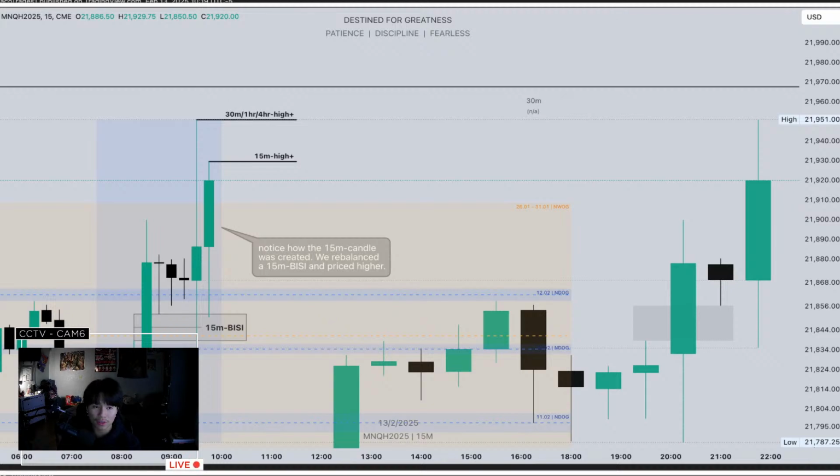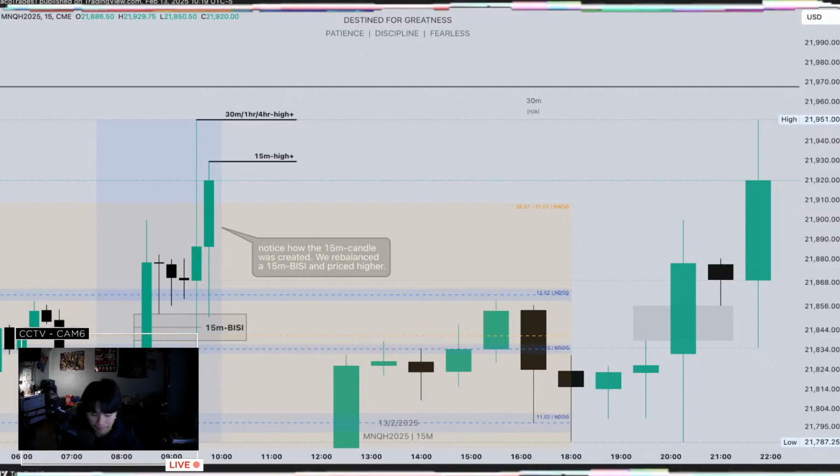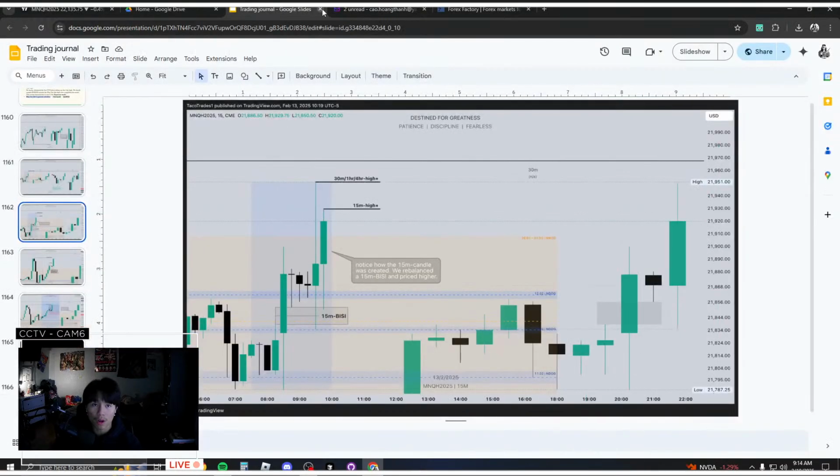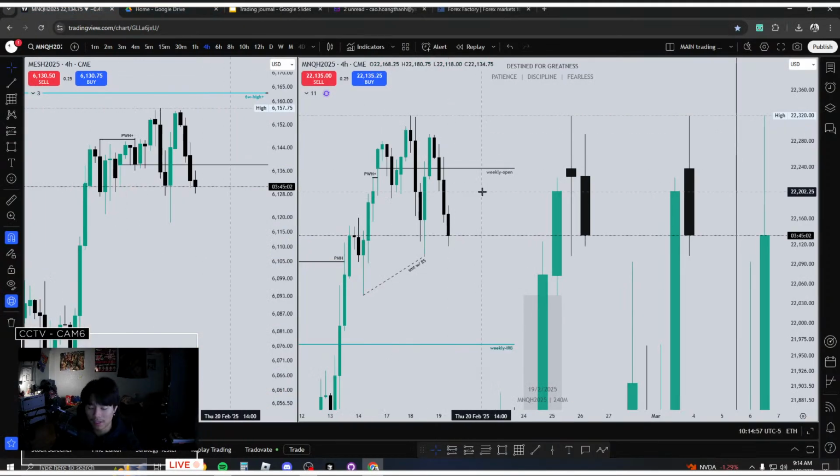Whenever I started to, I guess, implement this strategy, I didn't really understand time frame alignment. And what I mean by that is, let's say my model here was on the 4-hour time frame. Just a hypothetical scenario.